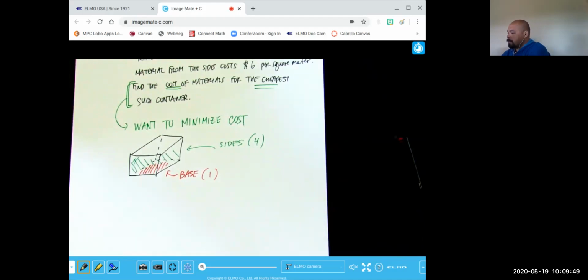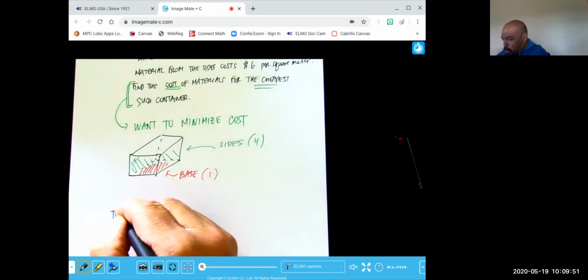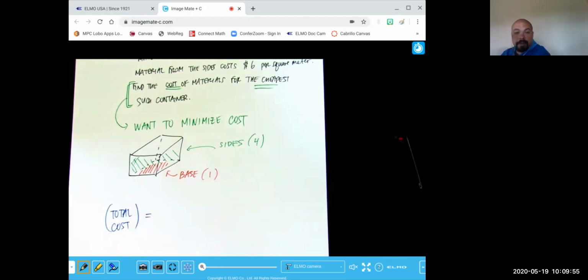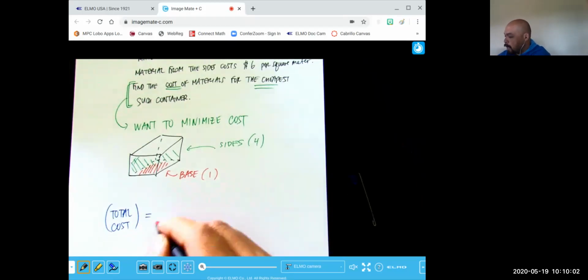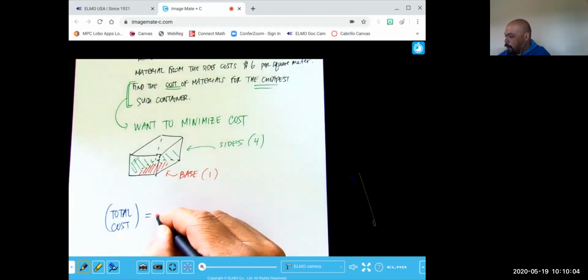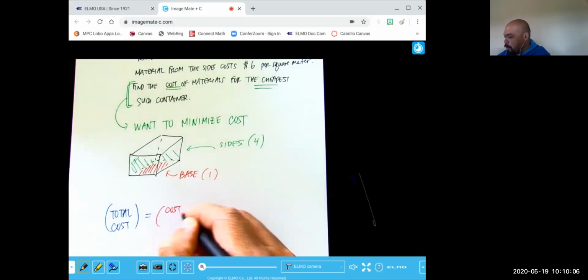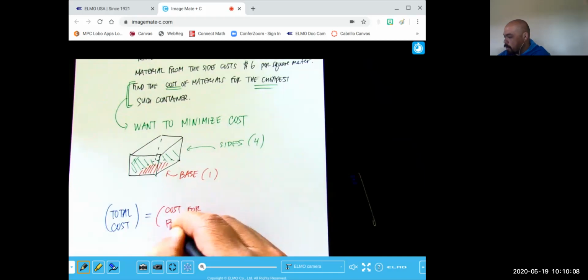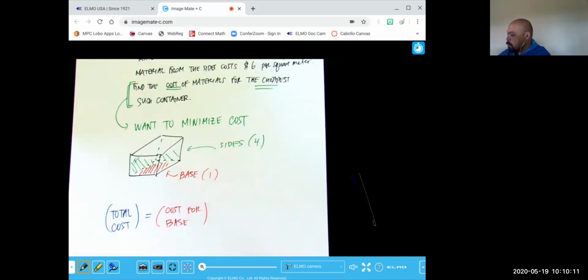So in this case, my total cost for building up that box there, that rectangular container, our cost for the base plus the cost for our 4 sides.